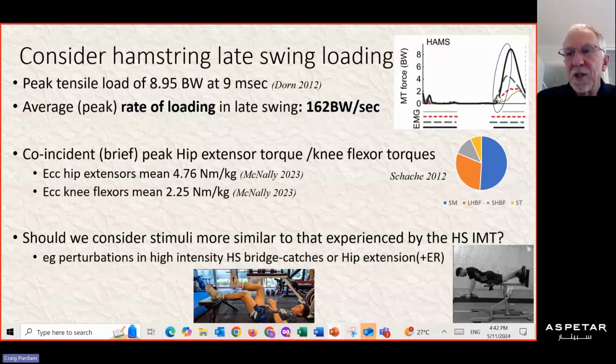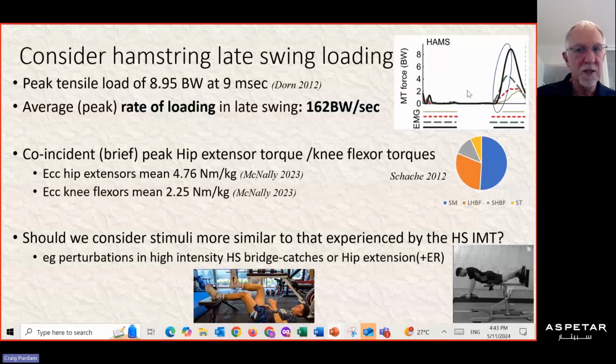But this occurs in a very small part, about a tenth of this overall loading cycle. So it's about 40 or 50 milliseconds, so the actual peak loading rate is about 162 body weights a second. That's quite different to slow paced eccentrics, and I do think we need to consider this.